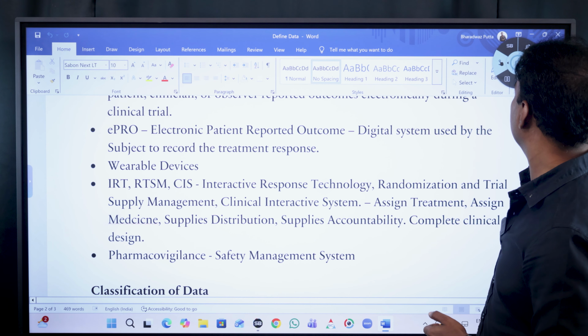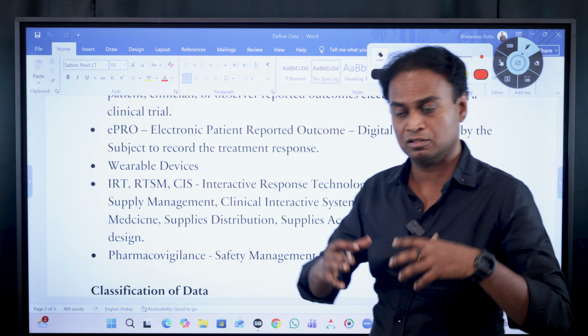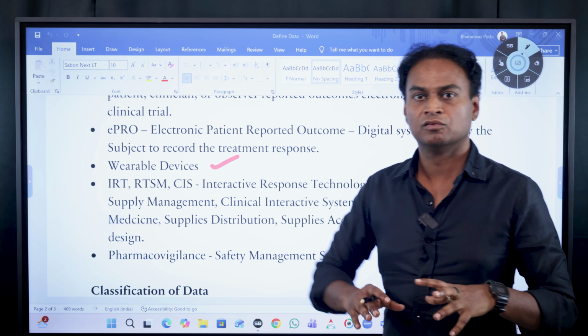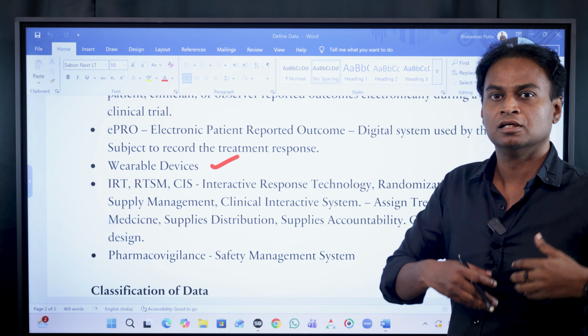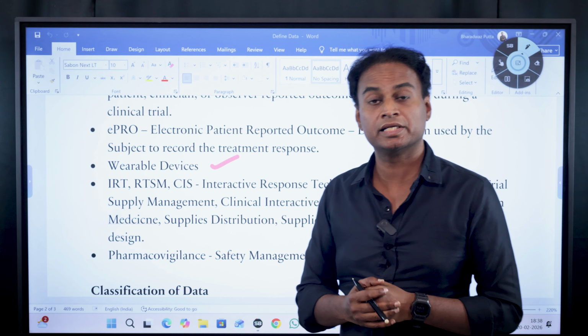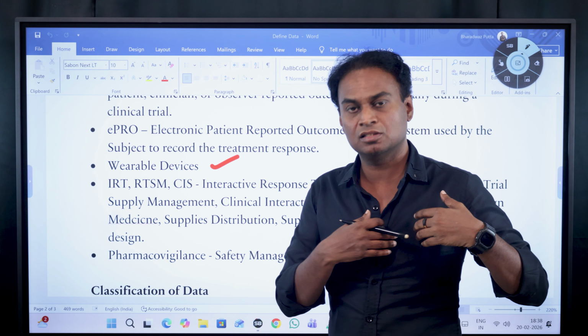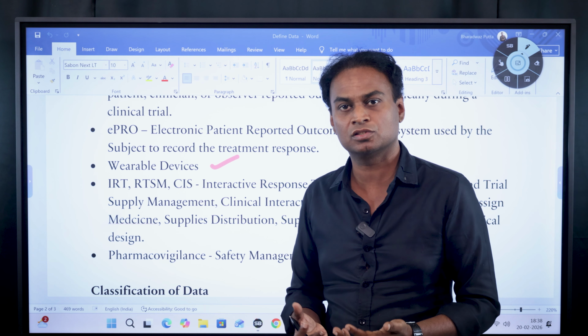Next one is wearable devices. This is the latest one. There are many clinical research companies making these wearable devices. For example, they want to monitor the heartbeat. Some patients will have cardiac arrhythmias, and we don't know when the arrhythmia will come. So a small device is kept on his chest and monitored continuously.